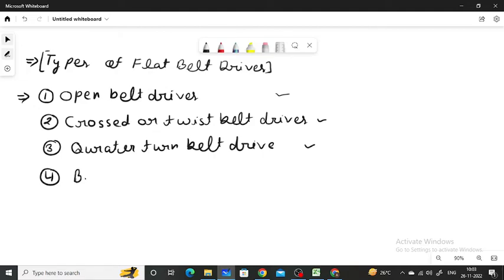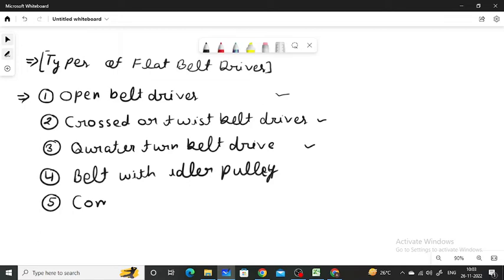Fourth is belt with idler pulley. Fifth type of belt drive is compound belt drive.